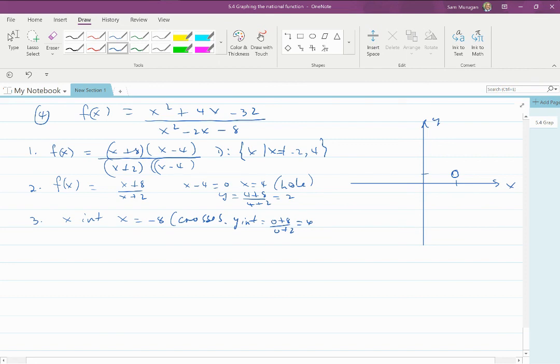So we have an x-intercept at -8, crossing, and a y-intercept at 4. This hole right here is at, FYI, 4 and 2.